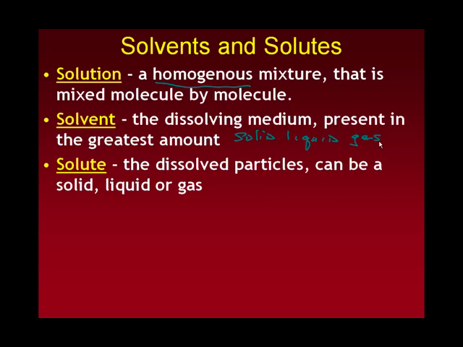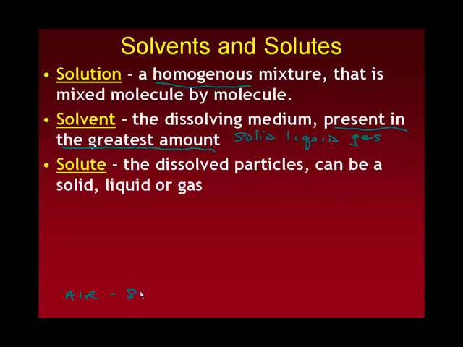Remember, the solvent is present in the greatest amount, so it just depends on percentages. If it's mostly one thing, then the solvent will be that, and it may shift and the solvent will become something else.